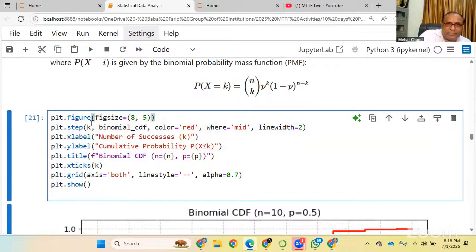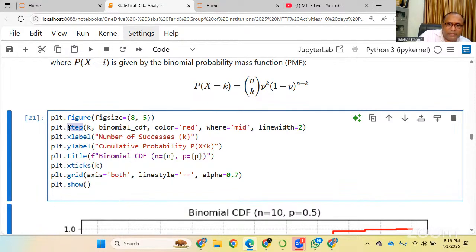So here this statement which we are using is to visualize this CDF, the cumulative distribution function. So here we are using the step function, plt.step. Depending upon our choice, we use hist or step or plot.